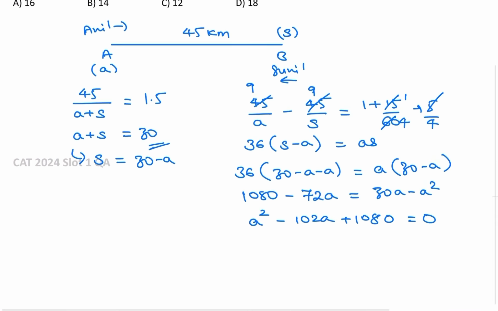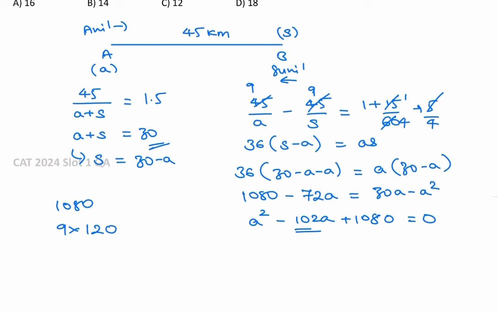So we need to factorize 1080 here. Let's see the factors of 1080. We want 102 here. This goes by 9, but this is giving me 111.